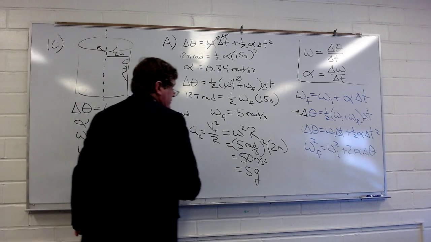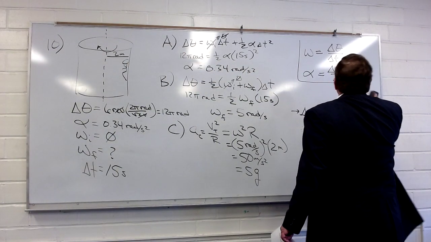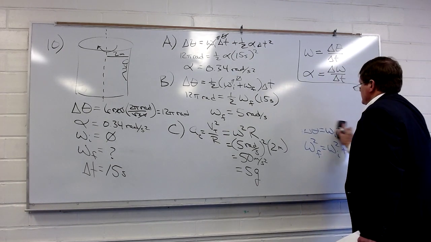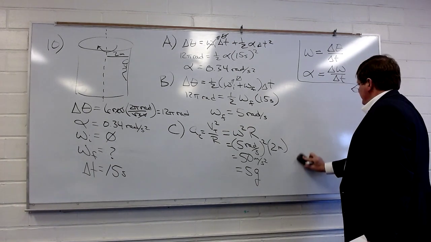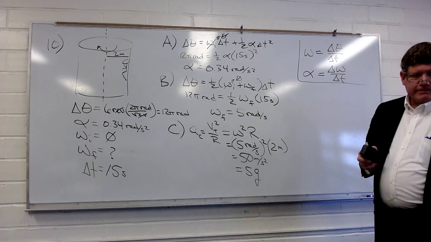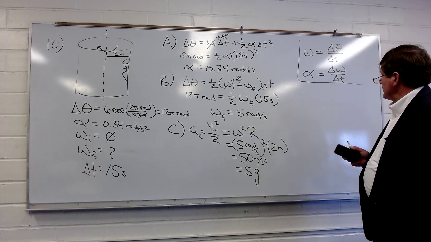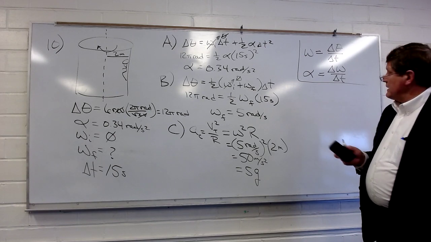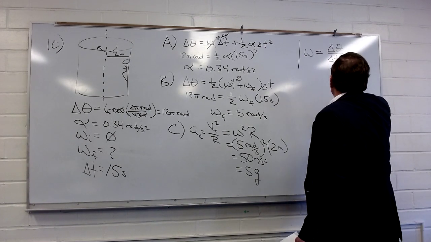Now, the last part of this problem asks us to find the minimum coefficient of static friction such that Billy's going to not slide down and get caught in the gears down there.